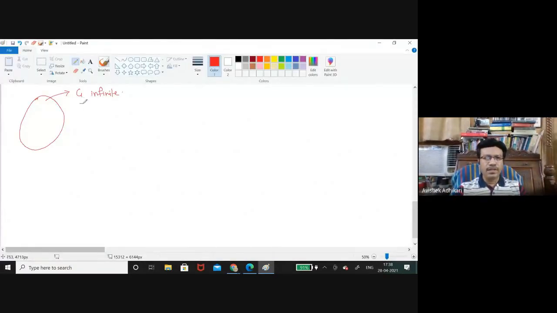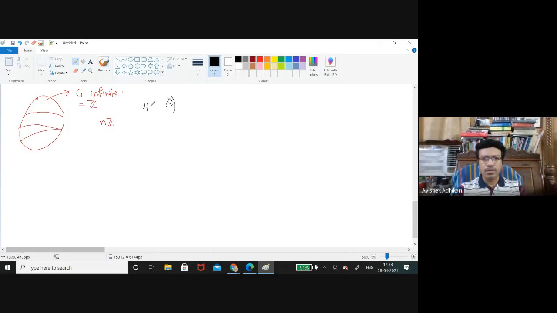So if I consider G to be my Z, then if I consider any subgroup of this, it must be of the form nZ. So that is again a result. You need to prove this result.